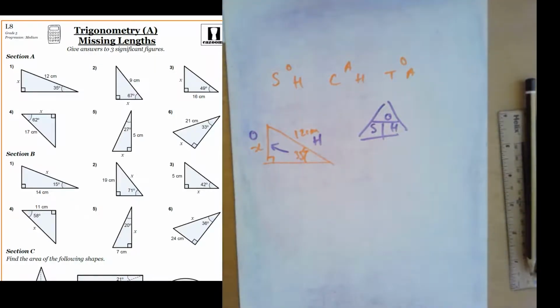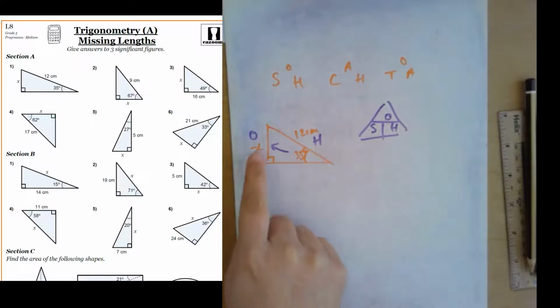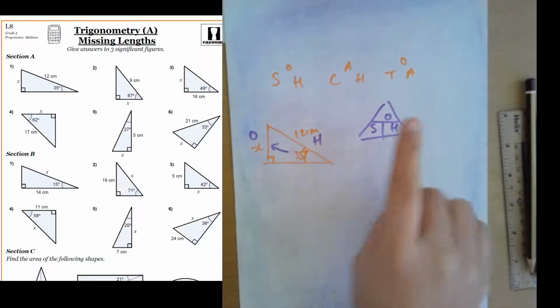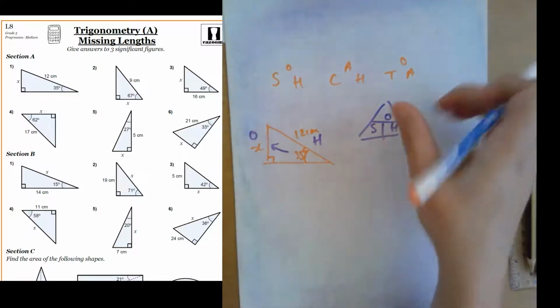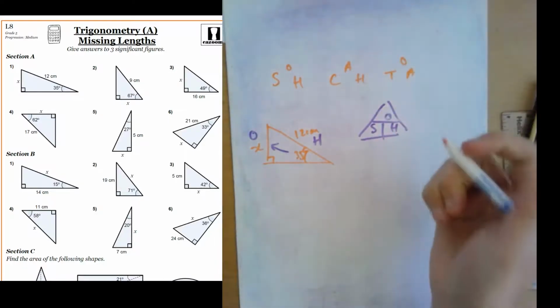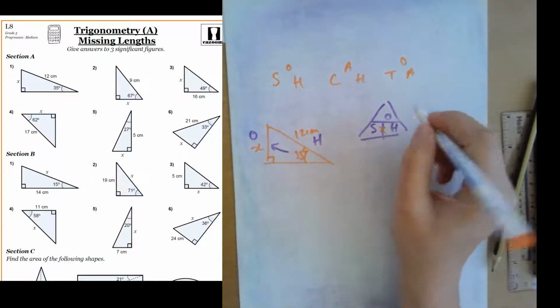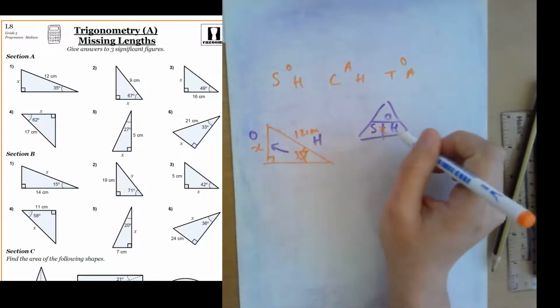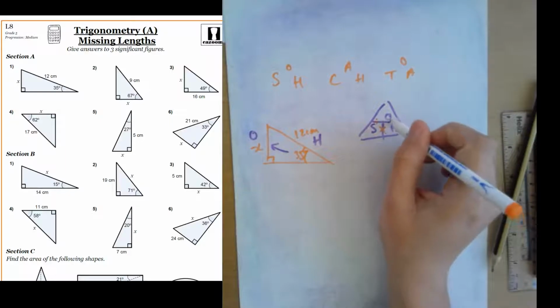I've got my triangle. So the next step I now need to do is go, well, I need to find the opposite. So where in this triangle is the opposite? So this opposite is up here. So because it's up here, what do I do? When you have one of these triangles, you should know that within the triangle, you multiply for the bottom and you divide for these.